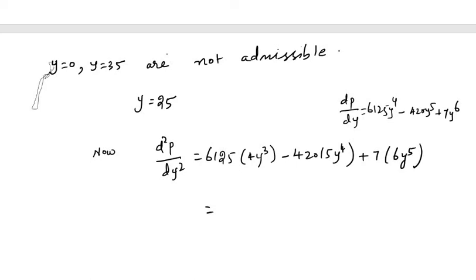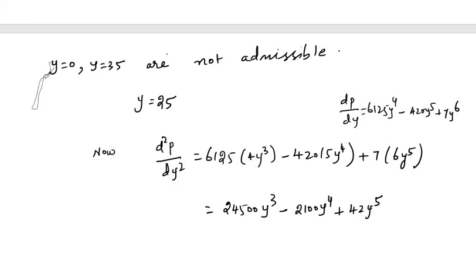Now, 6125 into 4, what will we get? That will be 24,500 y cube, minus 420 into 5, which is 2100 y power 4, plus 7 into 6 is 42 into y power 5. Yes, this is what we got.